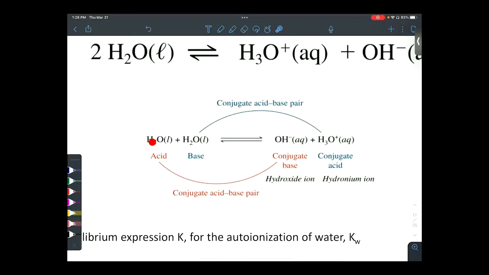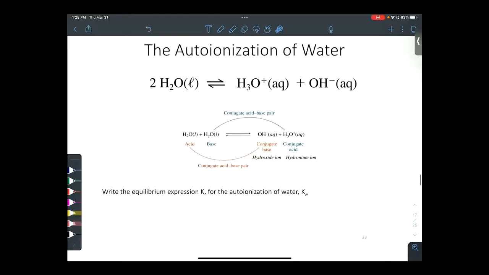So what happens is that one water molecule will give up a proton, so act as an acid, and the other water nearby will act as a base and accept it. And so what we get over here are an OH minus group and an H3O plus group. So this is called the self-ionization or auto-ionization of water, that this happens in water just spontaneously.